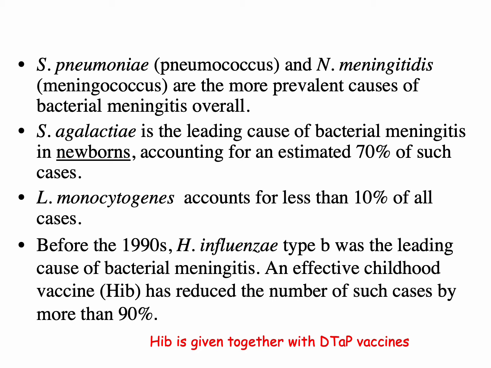The reason for that is the implementation of a childhood vaccine called Hib, which stands for Haemophilus influenzae type B. This vaccine is given to young children together with the DTaP vaccine, the diphtheria, tetanus, and pertussis vaccine.